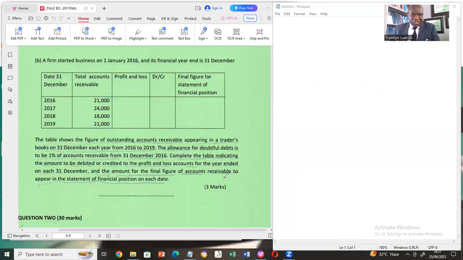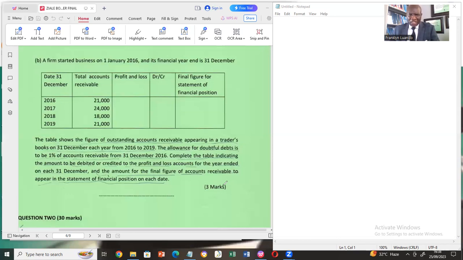A firm started business on 1 January 2016, and its financial year end is 31st December. The table shows the figure of outstanding accounts receivable appearing in a trader's books on the 31st December each year from 2016 to 2019.